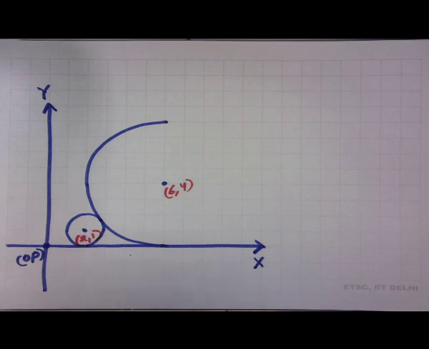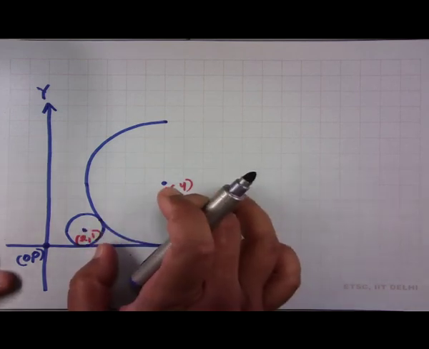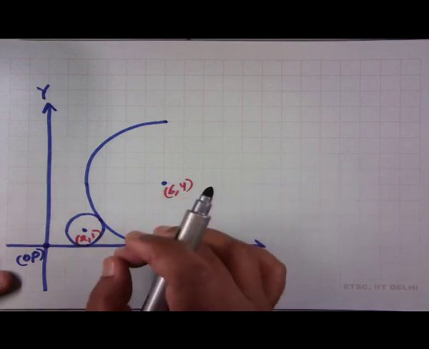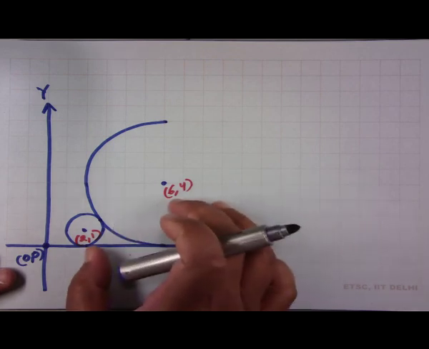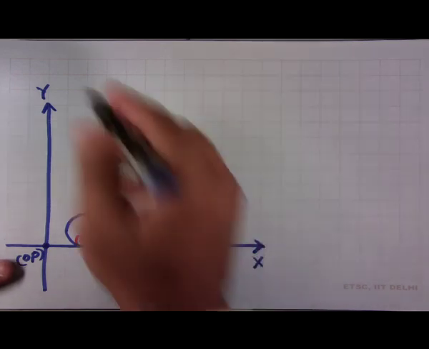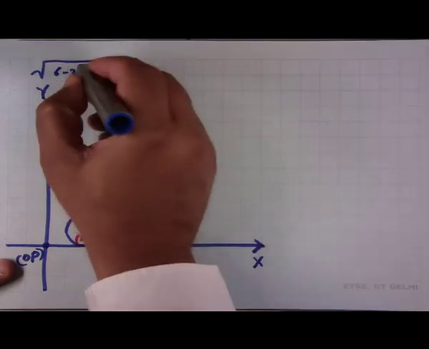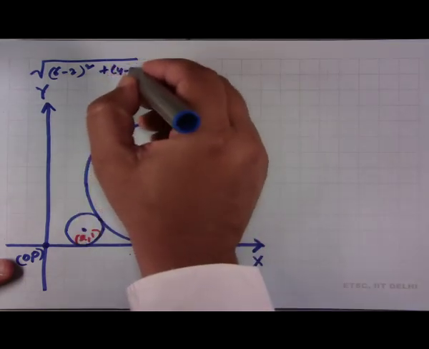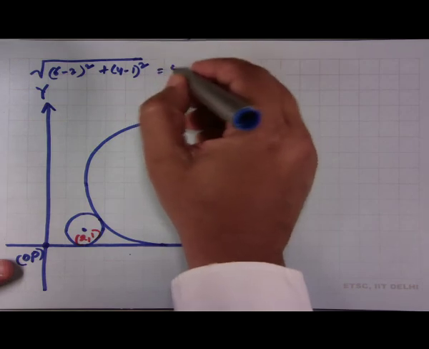If two circles are touching each other, then it must be true that the distance between the centers has to be equal to the sum of their radii. So the distance between these two centers is equal to square root of 6 minus 2 whole square plus 4 minus 1 whole square, which comes out to be 5.